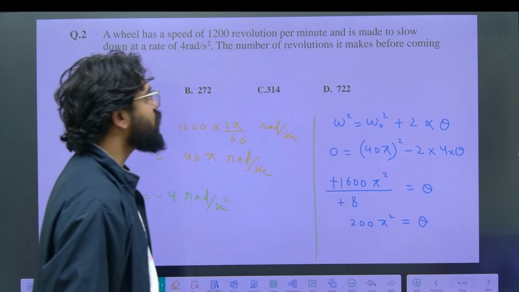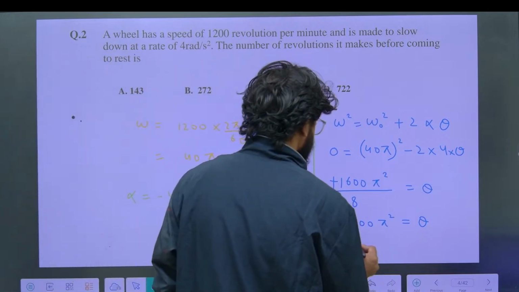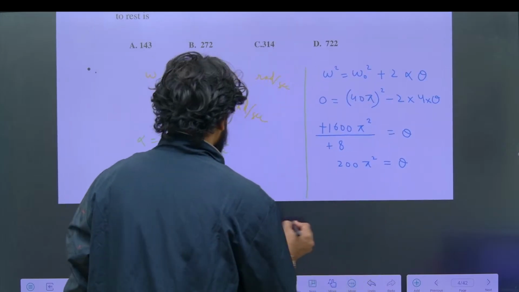We have to calculate the number of revolutions. So we have to divide this entire thing by 2 pi.